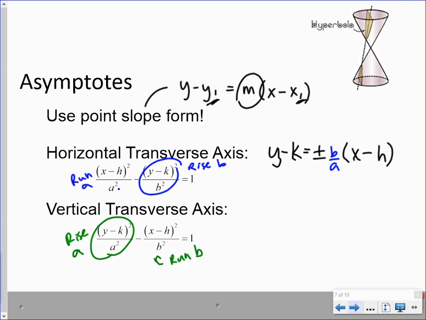And again, would I memorize this? No. I'll just count it out. But I want to write it down so you know, of the possibilities, it should be one of these forms. It'll have the y minus k, it'll have the x minus h, and then you should have a plus or minus because there are two of them, and it will either be for a slope B over A or A over B. You've got to decide which way you're counting up and down, which way you're counting left and right.